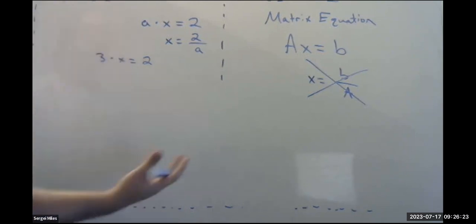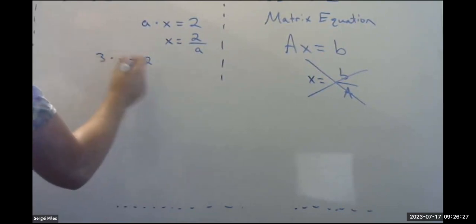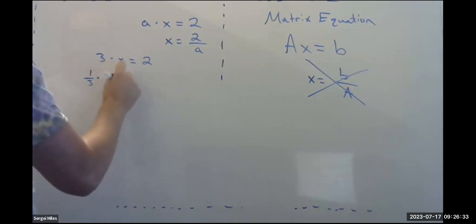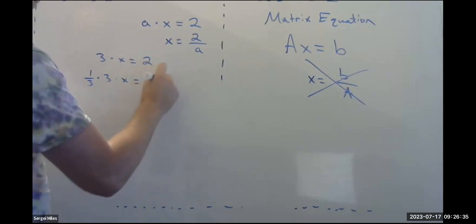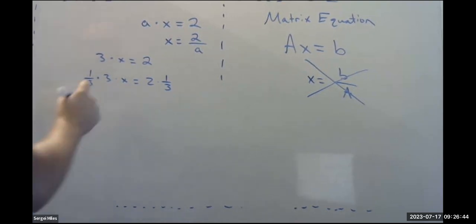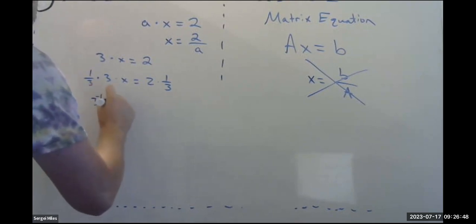However, what's another way of dividing by 3? When I divide the right side by 3, well, that's the same thing as multiplying by 1/3. Dividing this whole thing by 3 is the same thing as multiplying by 1/3. Or in other words, I'm multiplying by 3 inverse.